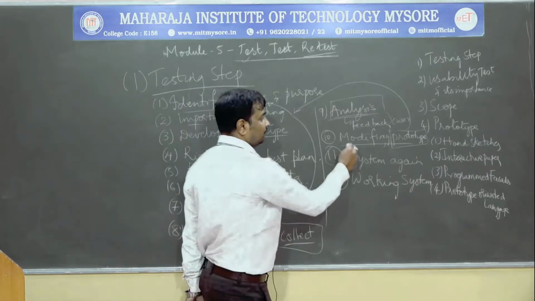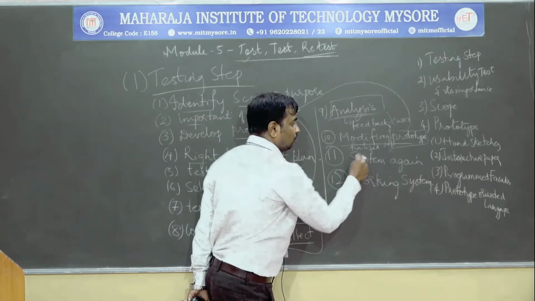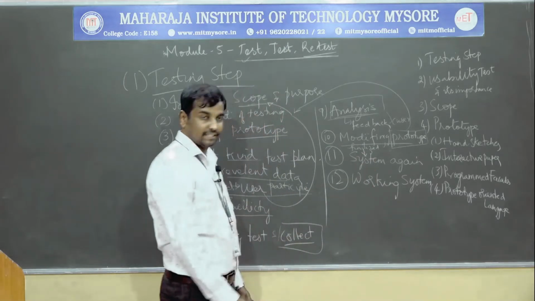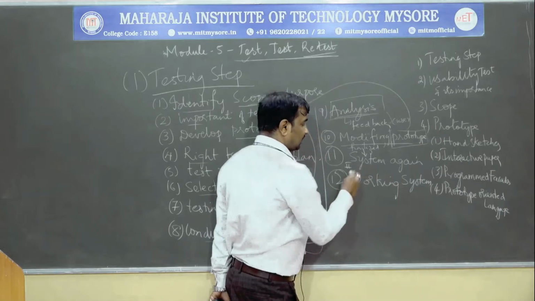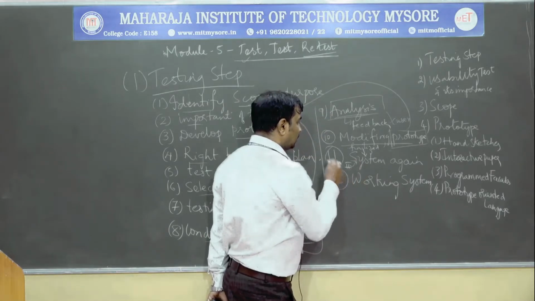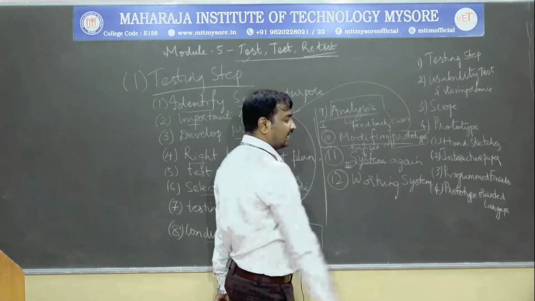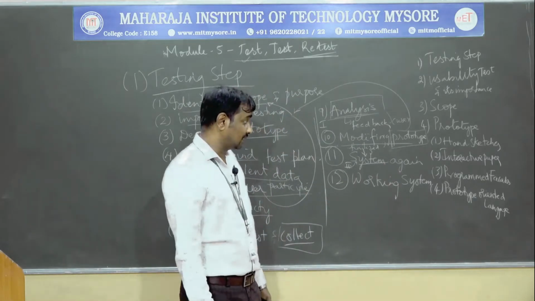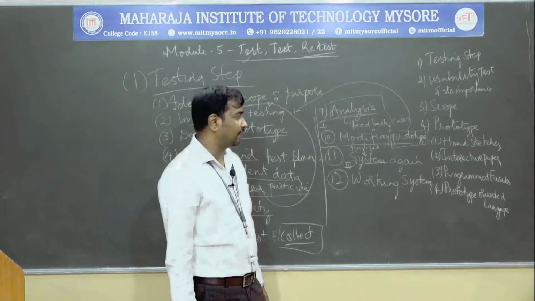Once it is finalized, we need to go for the system testing once again. This is the second stage of testing our prototypes; till here it is the first stage. After finalizing the system testing, we will find some bugs that will be identified and modified.